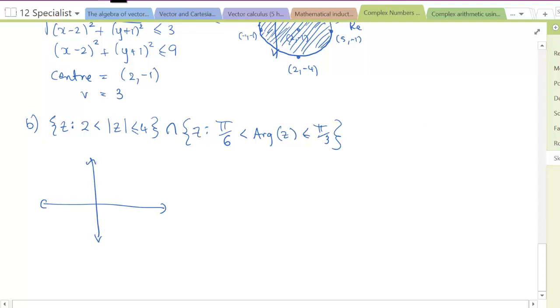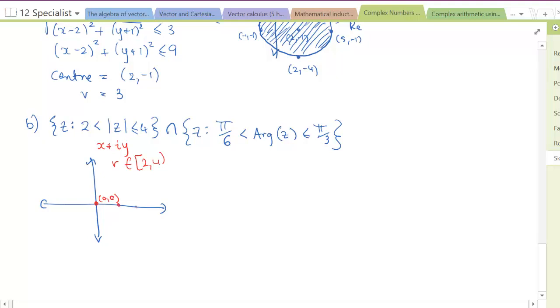So remember that this z is just x plus iy. As it has no other translations, it's going to be centered at 0, 0. It has a modulus between a radius of, so radius is between 2 and 4.